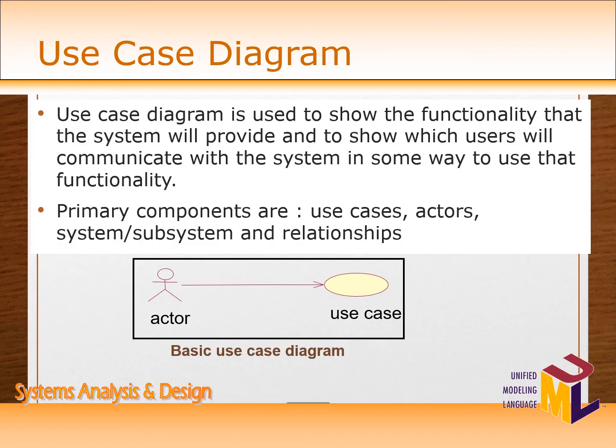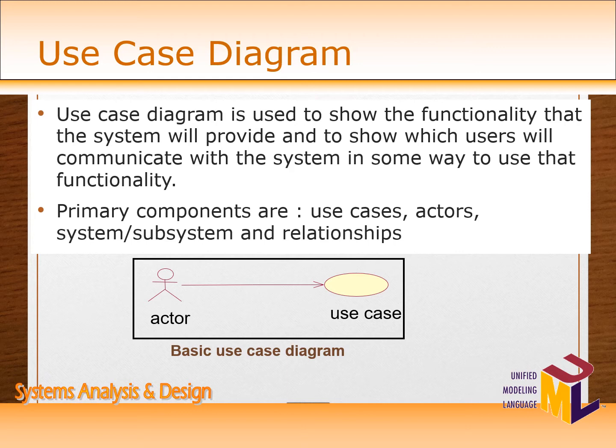A use case diagram looks like this, whereby you have an actor, an arrow going in or arrow going out, or some books or tools do not have an arrow, it is simply a line, and this oval shape here is called a use case. A use case is actually referring to one of the functions of your system.